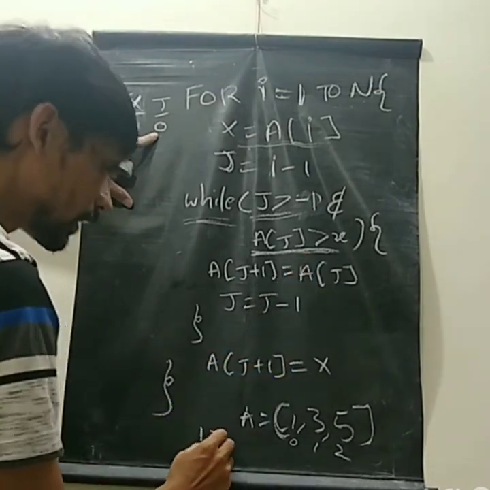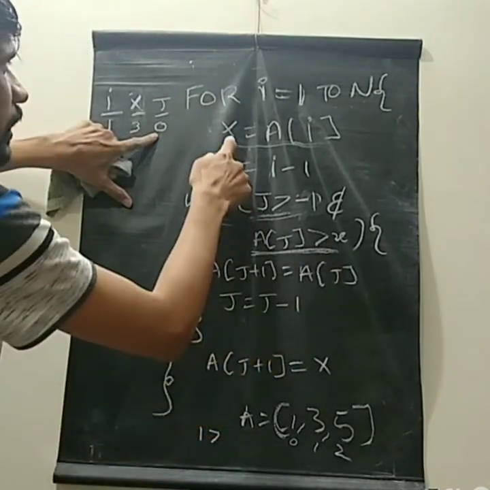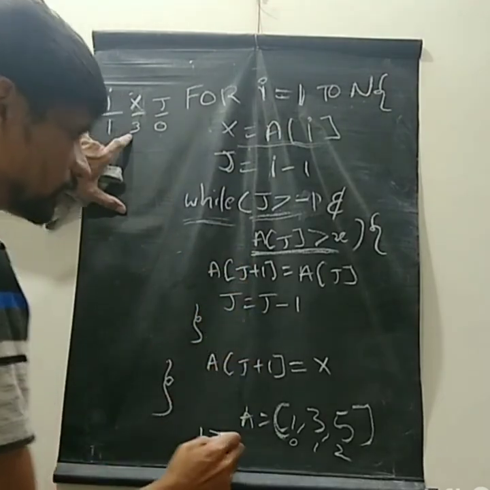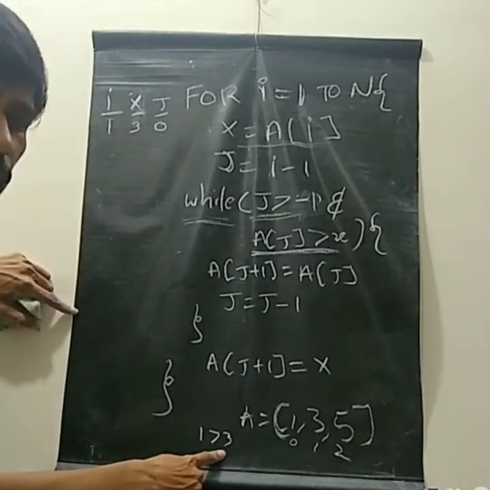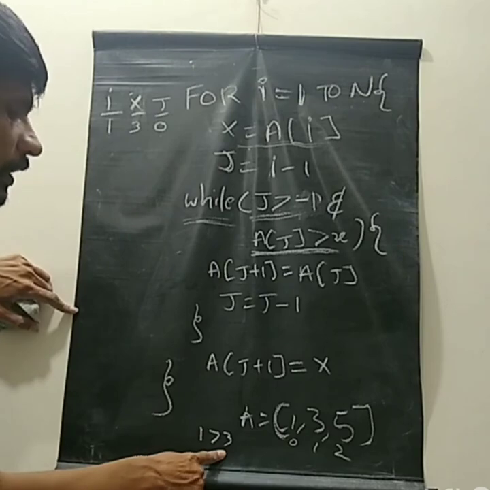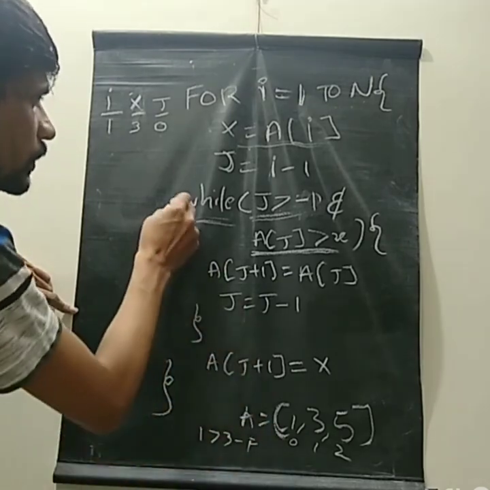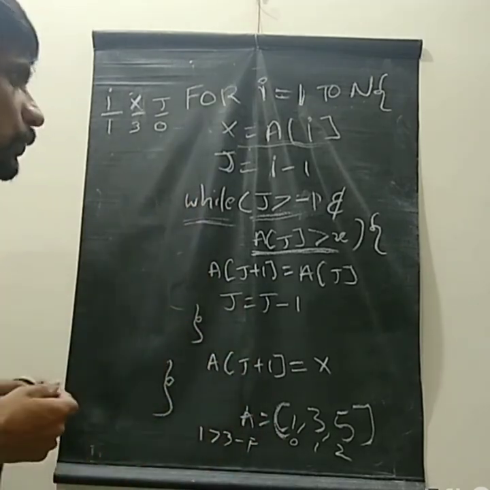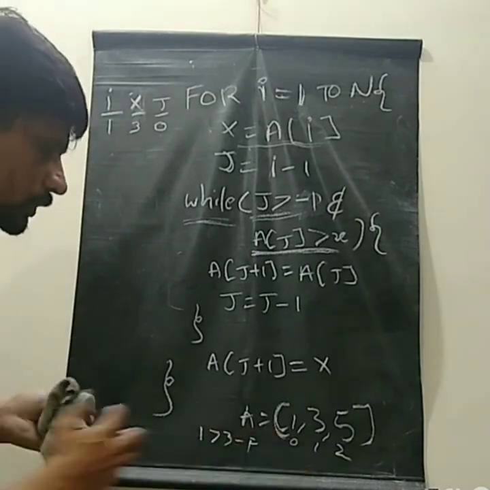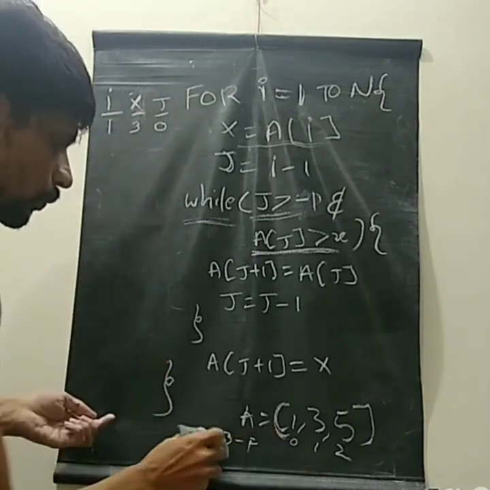Is it greater than x? x is 3. Is 1 greater than 3? False. So this while condition won't execute at all when i is 1.